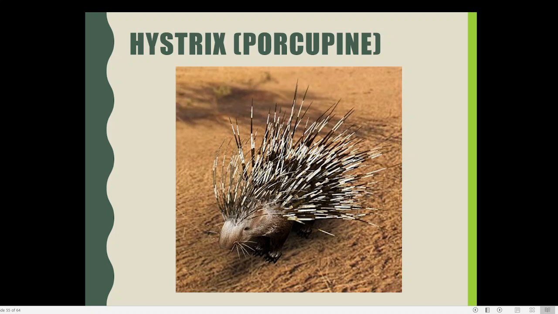These are mammals of the order Rodentia, and they are characterized by a single pair of continuously growing incisors. If you look at the front teeth, they are known as the incisor teeth.